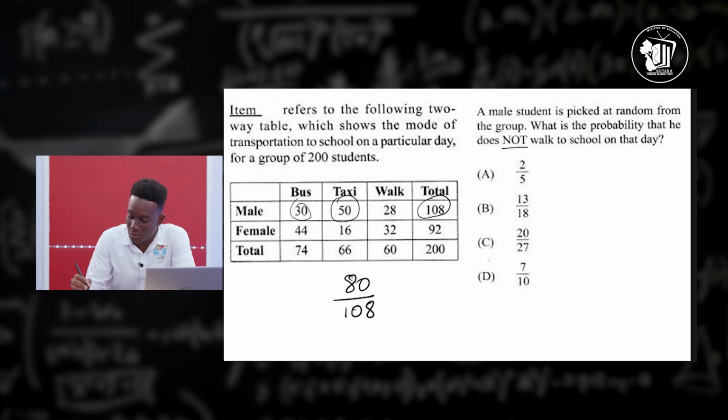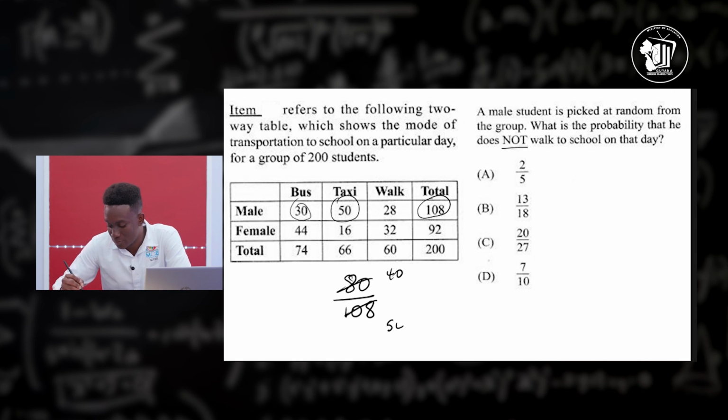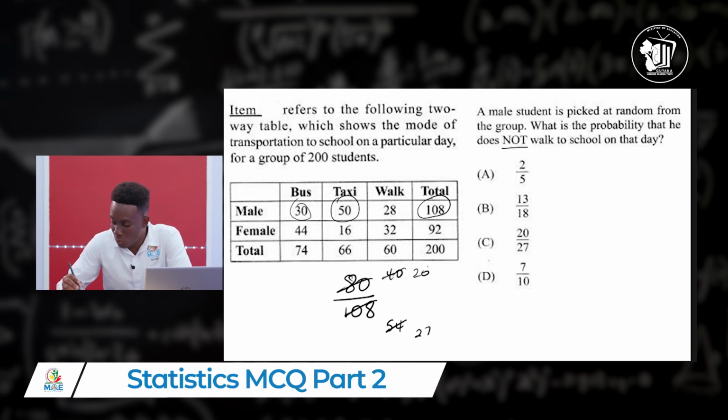And I know I can break this down. 80 divided by 2 is 40. 108 divided by 2 is 54. And 40 divided by 2 is 20. And 54 divided by 2 would be 27. So it's 20 over 27, which is C.